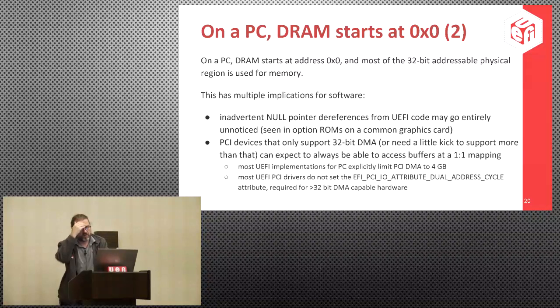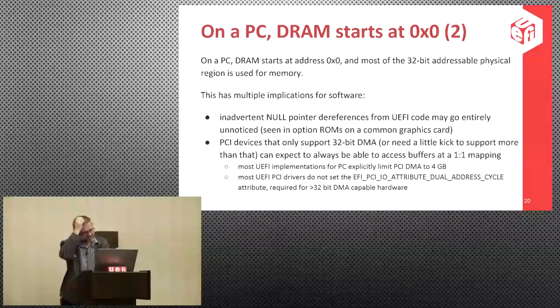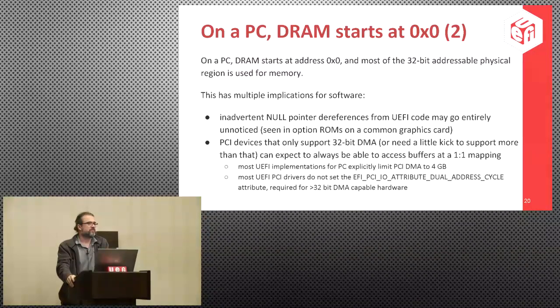The other problem that Leif already highlighted with this is that if you typically have some address below the 4 gigabyte mark, it means you don't have to care about 64-bit DMA. In the EFI PCIe protocol, when you enable a device for DMA, you have to set an additional attribute if it's 64-bit DMA capable.